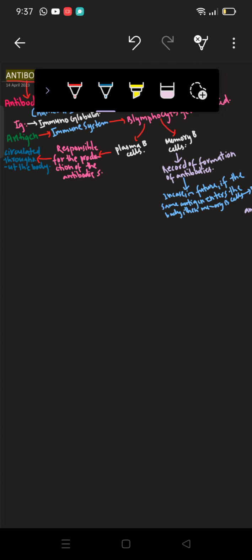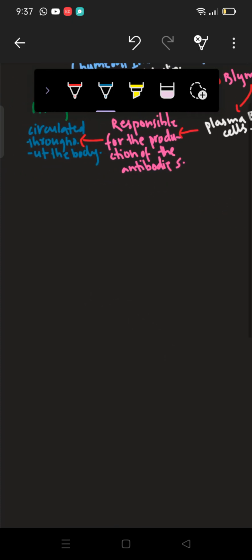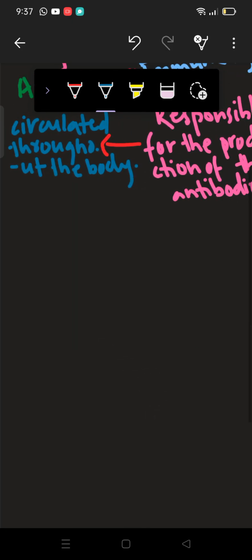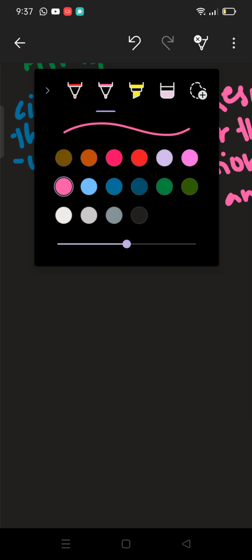Alright, so antibodies have a specific part. There are specific antibodies as well as general antibodies, but here I am talking about specific antibodies. So what are specific antibodies?